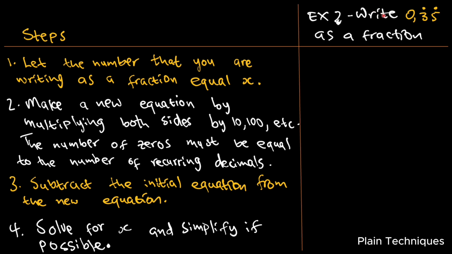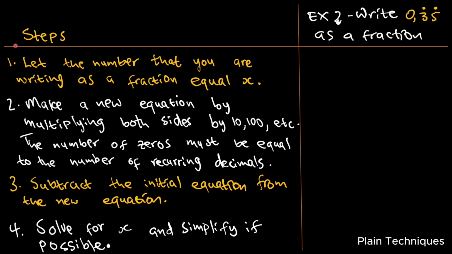Okay, so example number 2. We need to write 0.35 with a recurring sign over both decimals. These two dots mean that 3 and 5 are repeating. We need to write that as a fraction, like how we went about the first example.